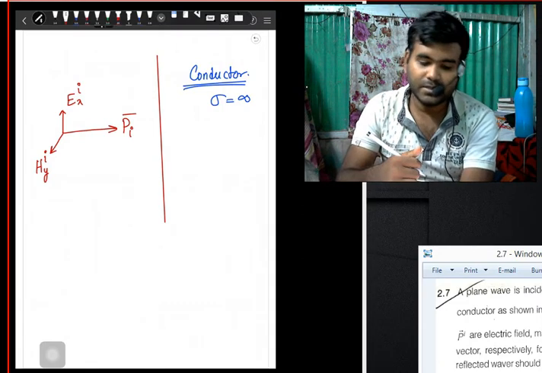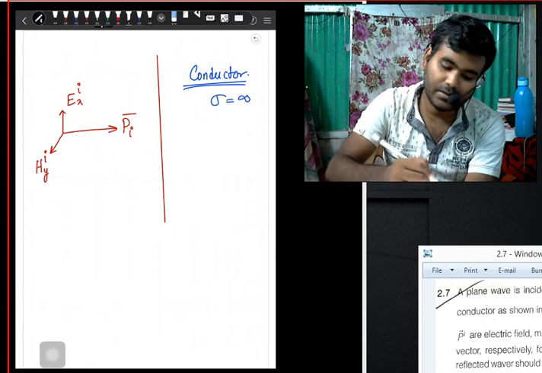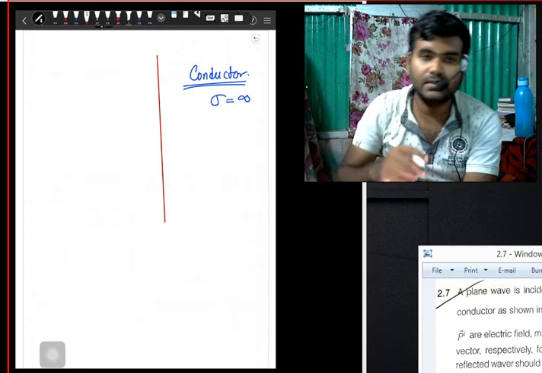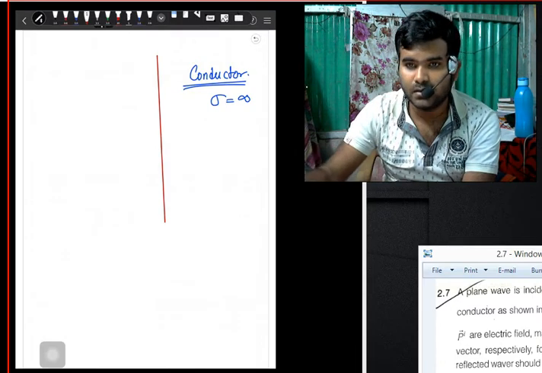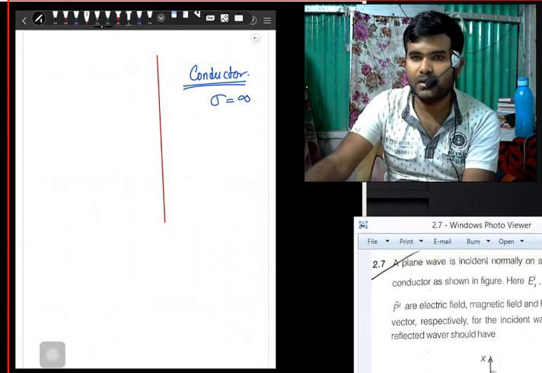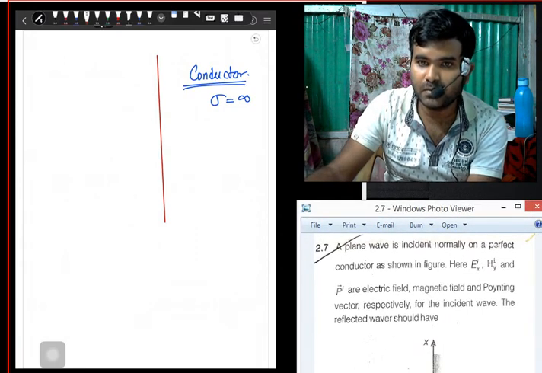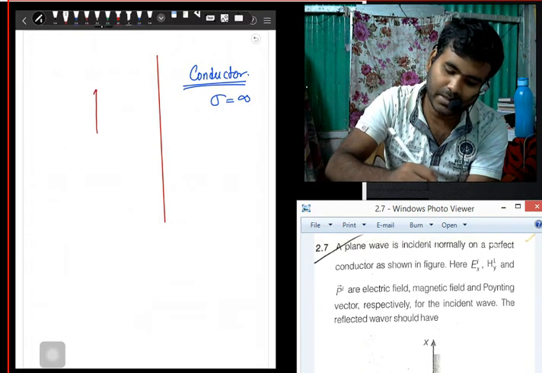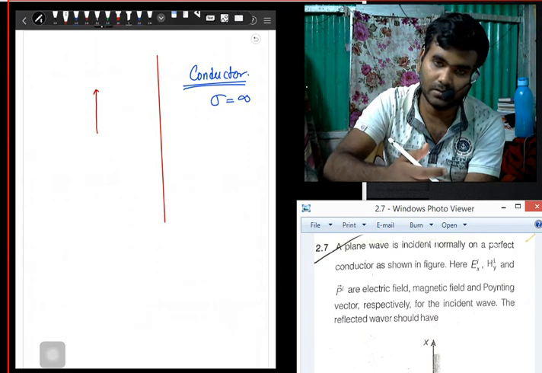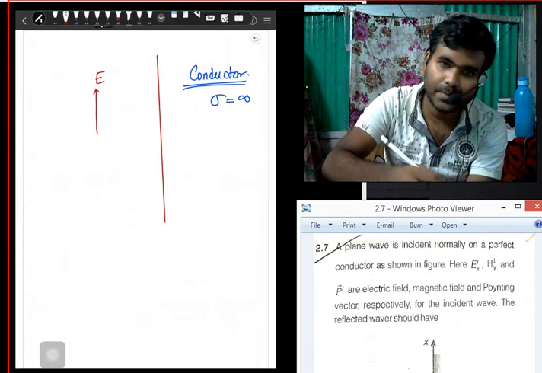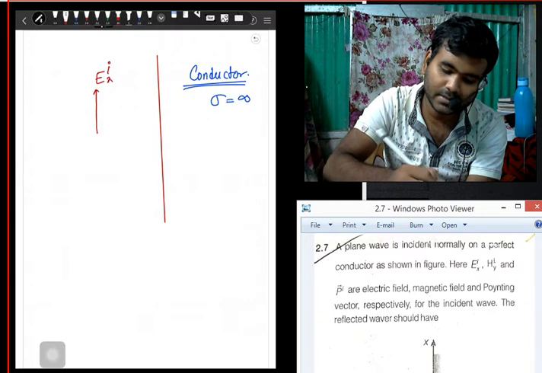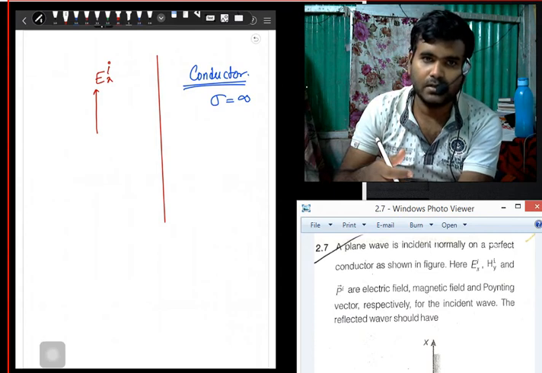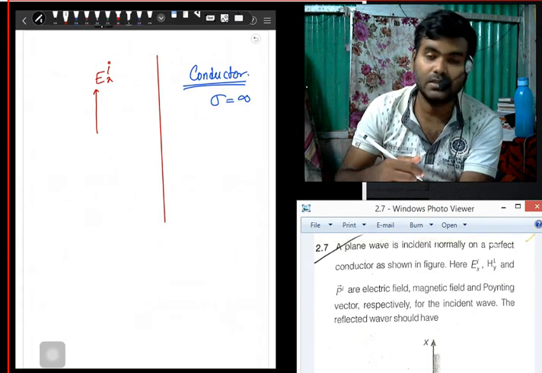Now let us first consider the electric field only. As the electric field is in the X direction and this plane wave is falling normally, this X component of the electric field, EIX, is basically tangential to the interface. Now what we know is that the tangential component of the electric field is continuous across the boundary.